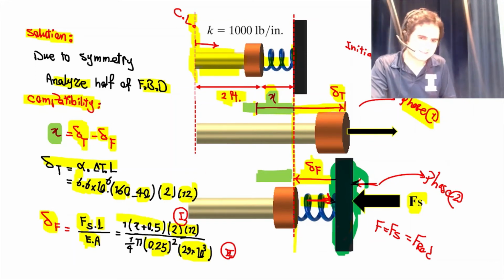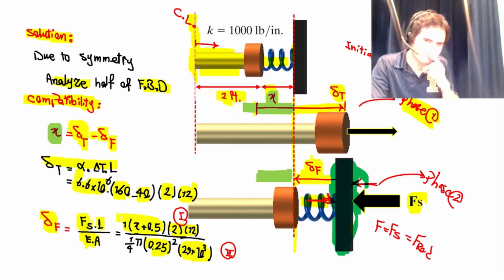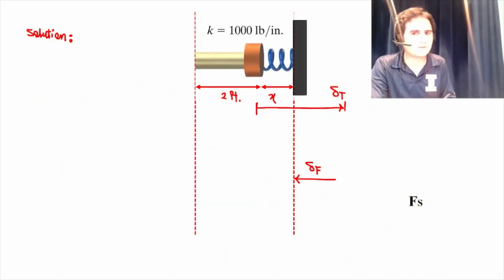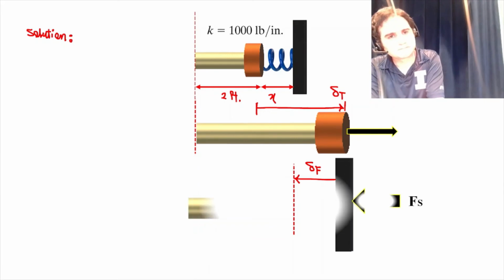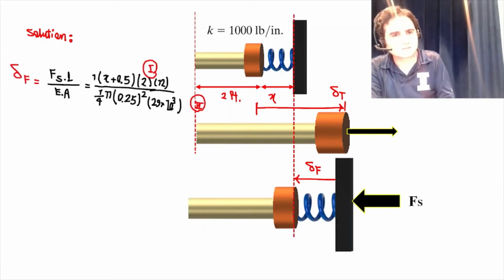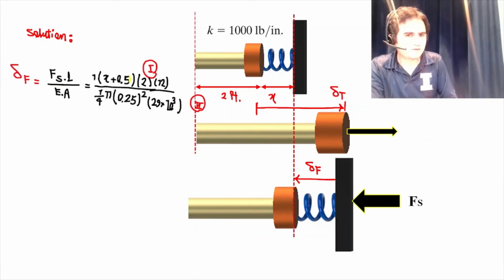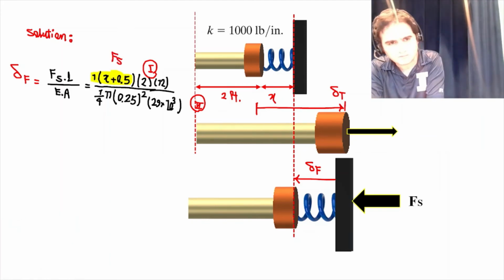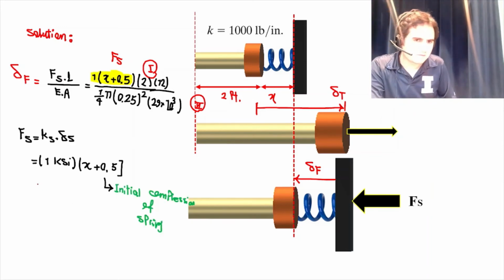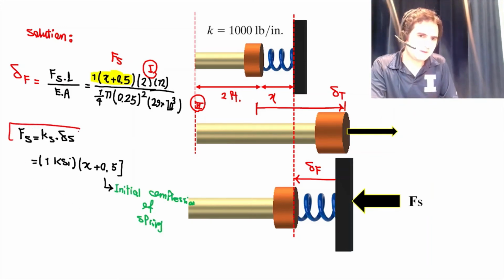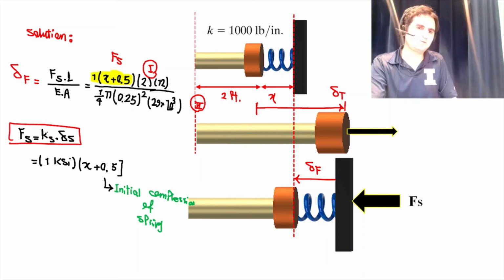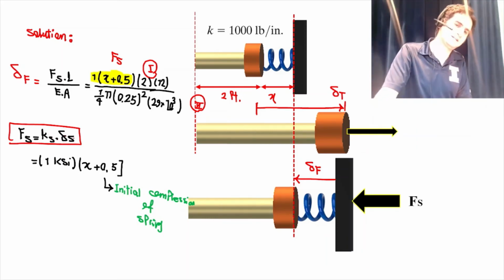This time we focus on Fs. From physics, we remember the force of a spring equals the stiffness of the spring times delta s.